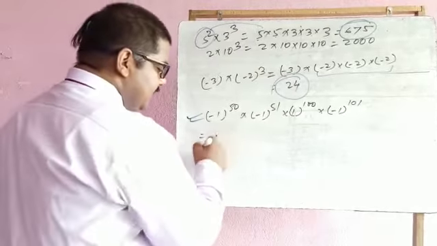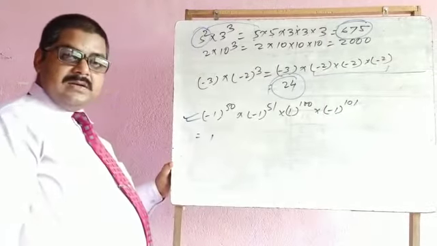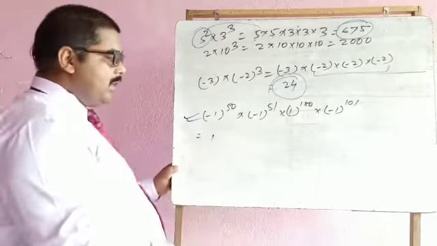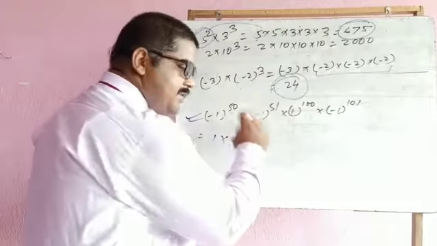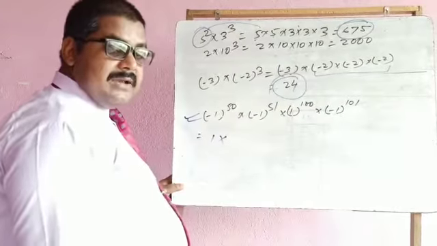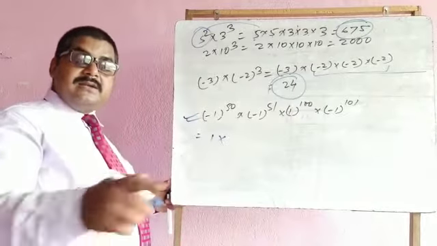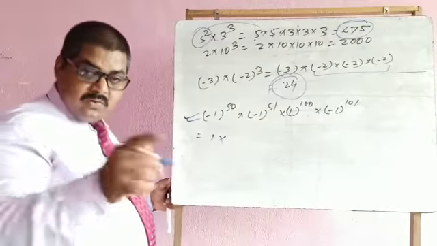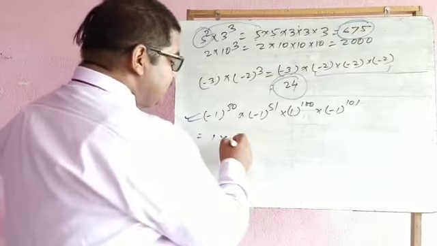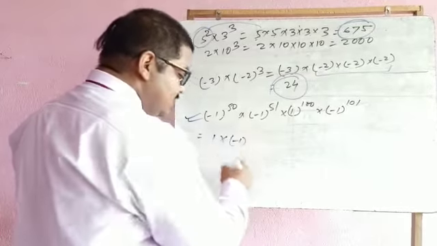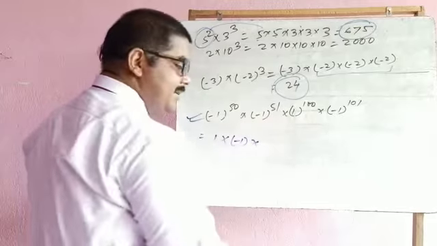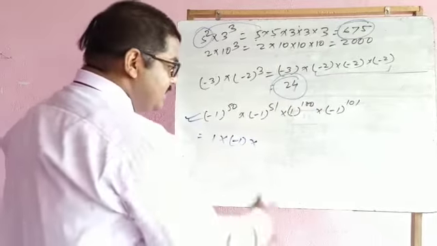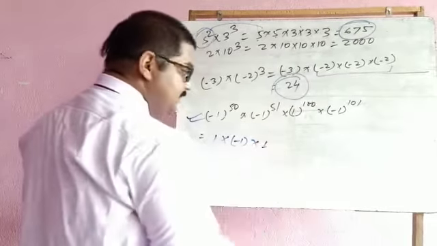So its result is actually 1, and 1 means plus 1. And it is multiplied by minus 1, 51 times. When minus 1 is multiplied 51 times, 51 is an odd number, so the result must be negative, and the result is minus 1. And when 1 is multiplied 100 times, the result must be 1.